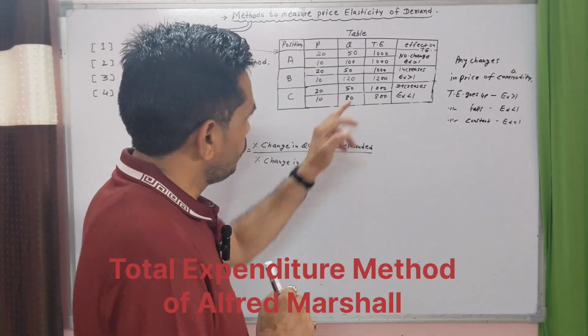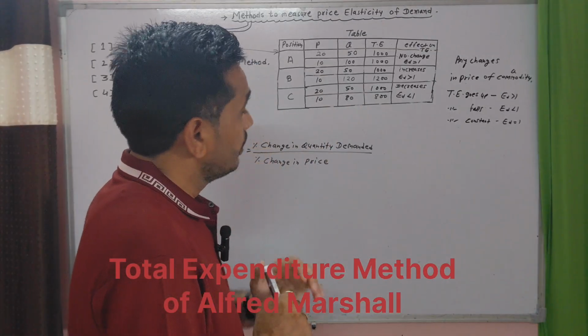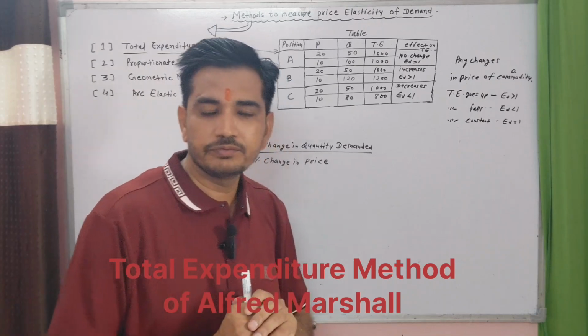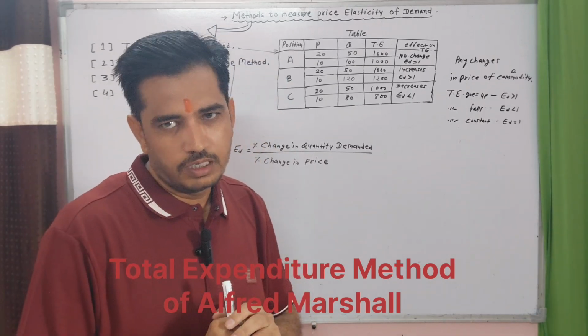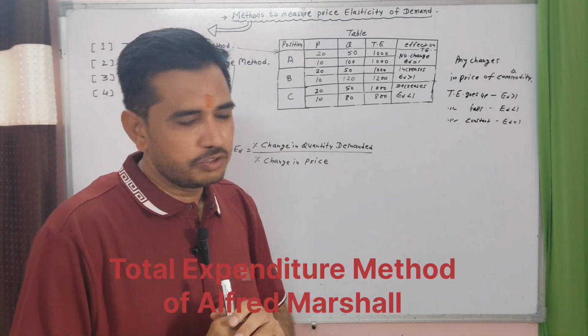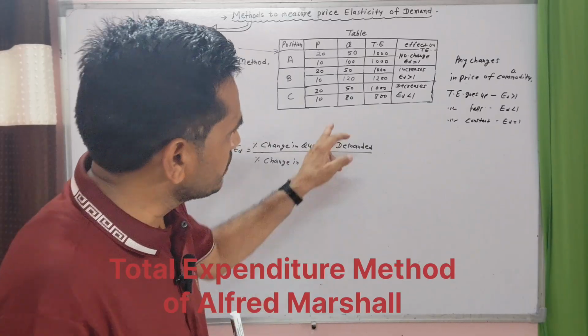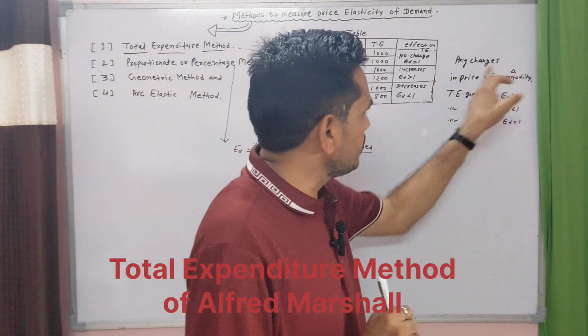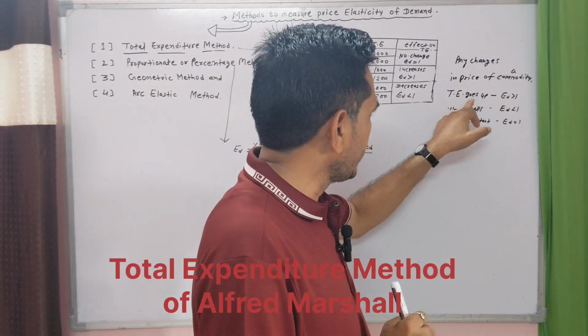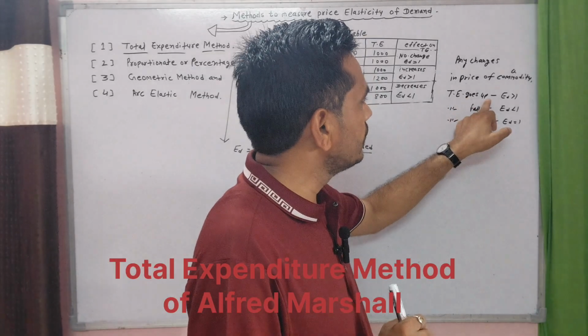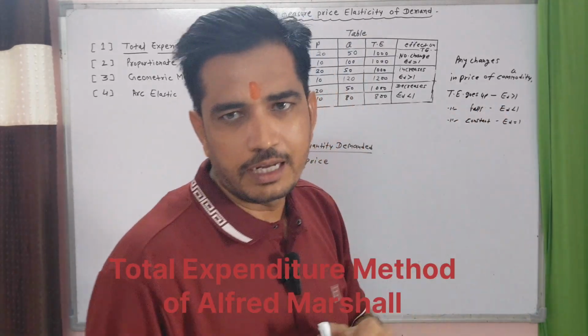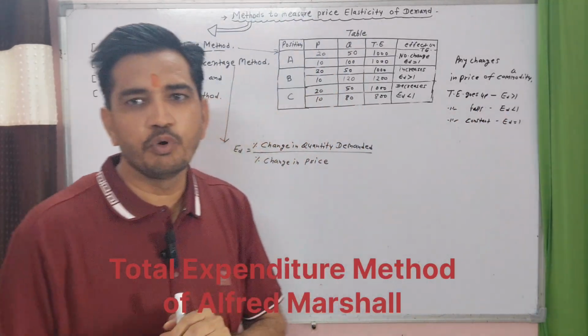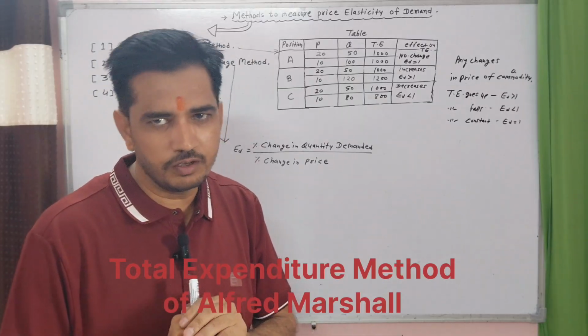So total expenditure also increases from 1000 to 1200. So in this condition, we can say if any change in price of a commodity makes total expenditure go up, elasticity of demand will be more than one. Okay.